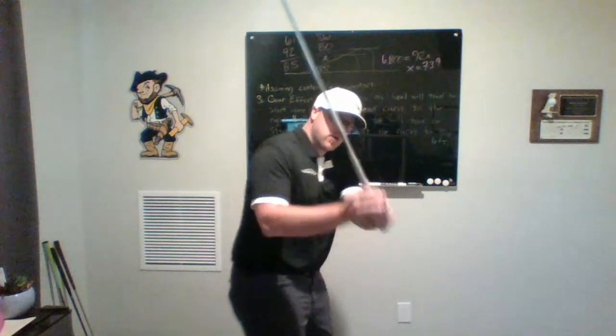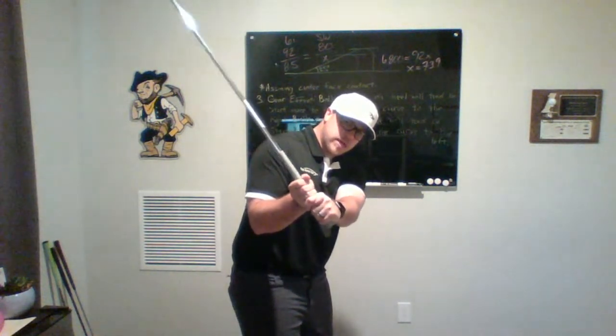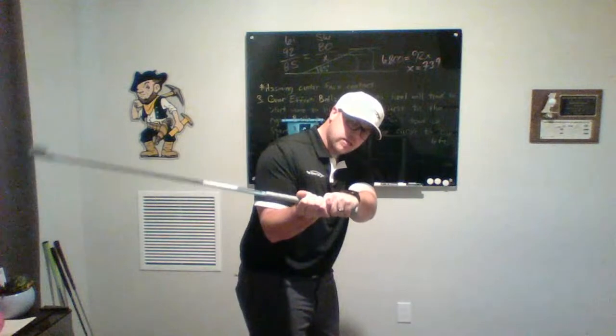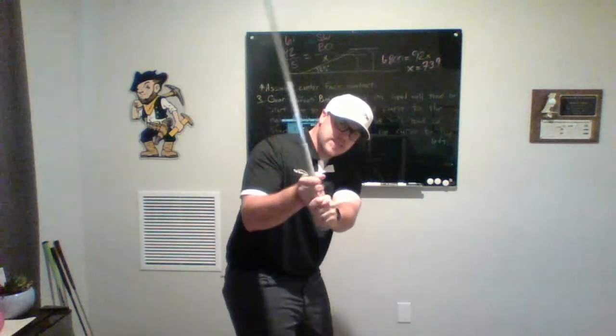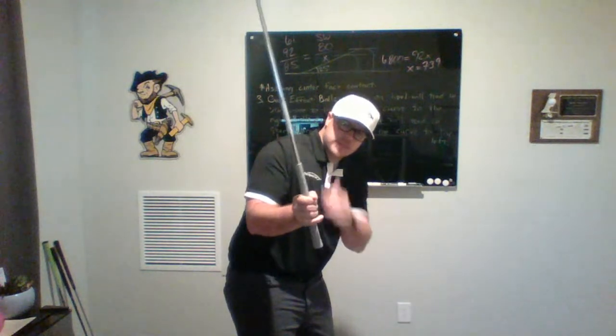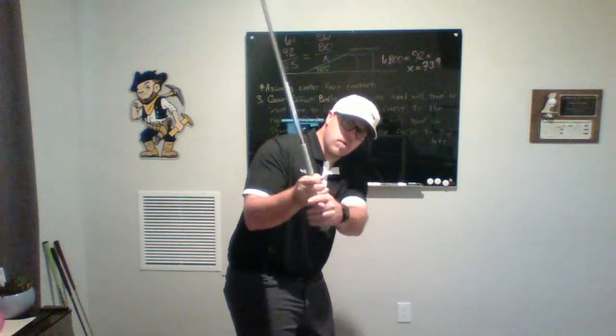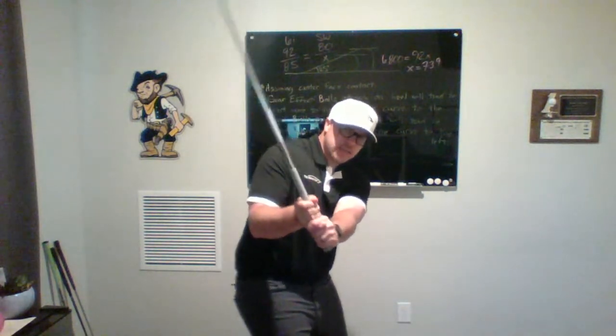If I look on video, where is that pointing at this point in the swing? Is it pointing inside the golf ball, outside the golf ball? If it's in this kind of position where it's steep, I'm going to need to make a compensation in the downswing to get this club to come back down on plane. So what most people will do is they'll stand up.